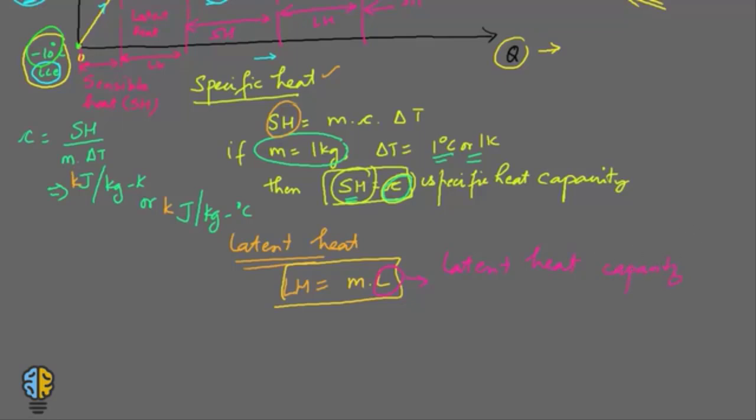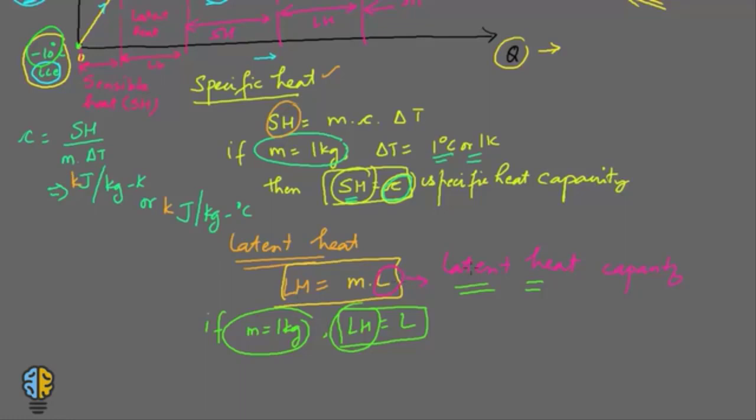And what is this? If M is equal to 1 kg, then the value of LH would be equal to L. This means latent heat capacity is the amount of latent heat required to change the state of 1 kg of any substance.